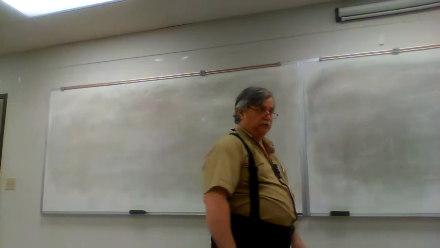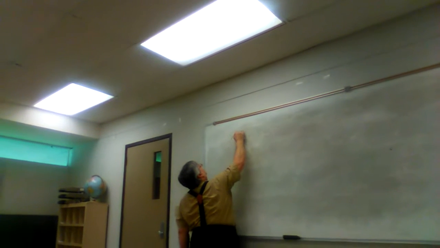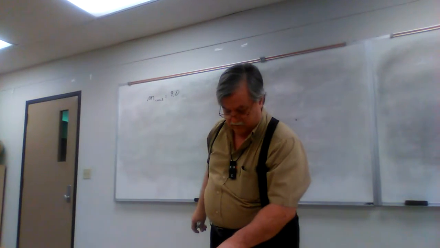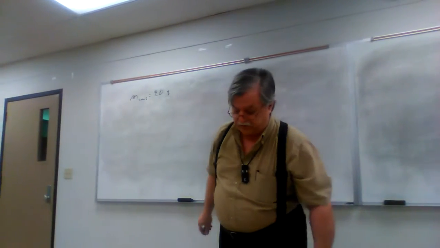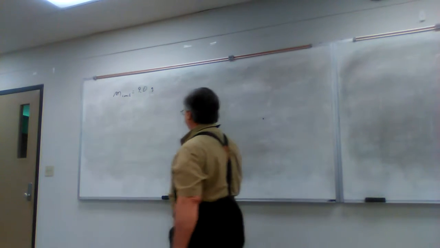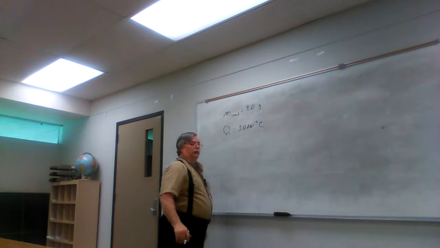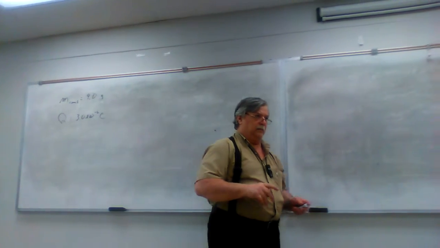If the charge it's holding is 3 microcoulombs of electrons, and the mass of the comb to begin with is 9.0 grams, and it's charged up to 3.0 times 10 to the minus 6 coulombs, three microcoulombs, what's the percentage change in the mass of the comb?